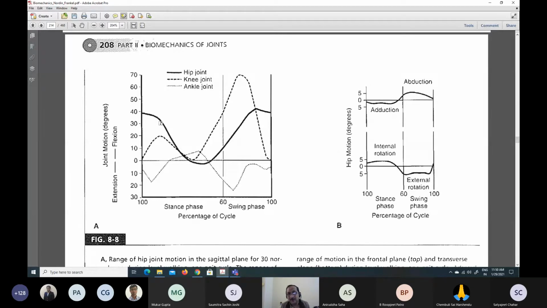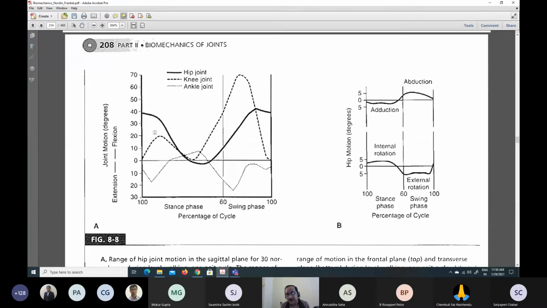You have the hip joint as the firm line, the knee joint as a broken line, and the ankle joint as the dotted line.